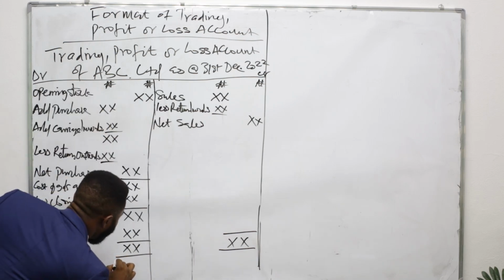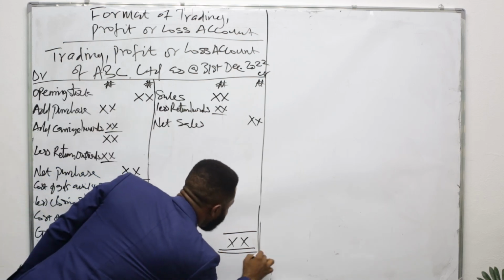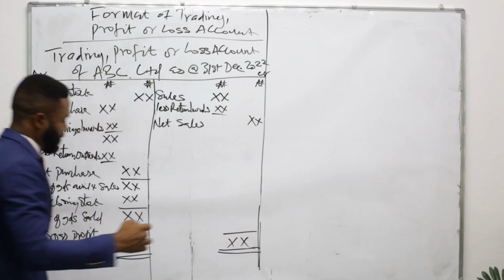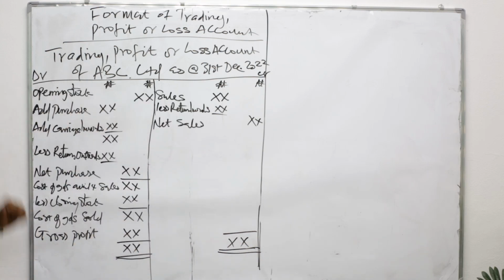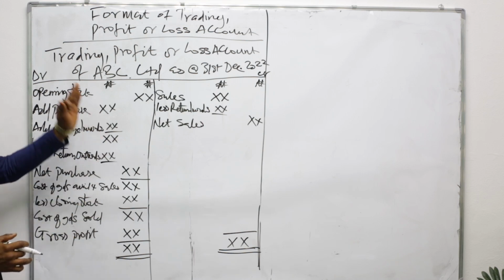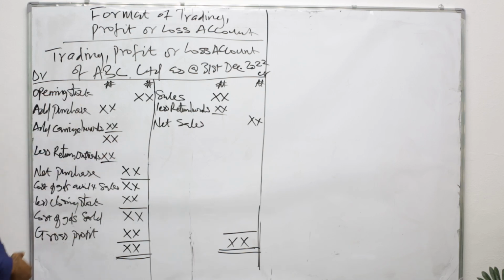And then don't forget, at the end of every account, you have to double the line. So this is how to prepare trading account. This is the end of trading account.